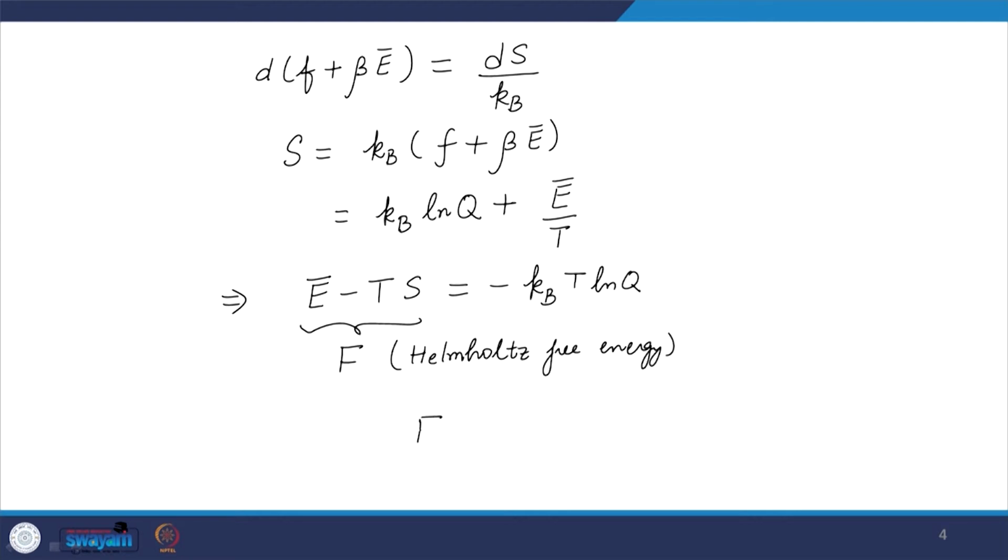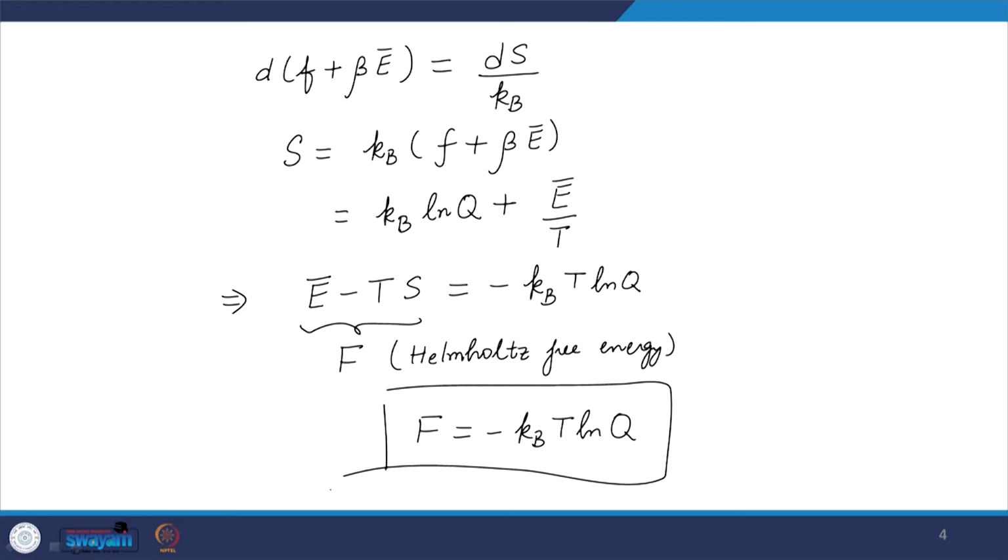And therefore, you have the Helmholtz free energy as a function of the partition function in the canonical ensemble. That should not be unusual, because we have earlier established that whenever the control variables are the number of molecules, the volume and temperature, we should be using the Helmholtz free energy.